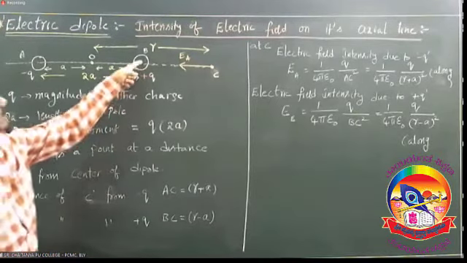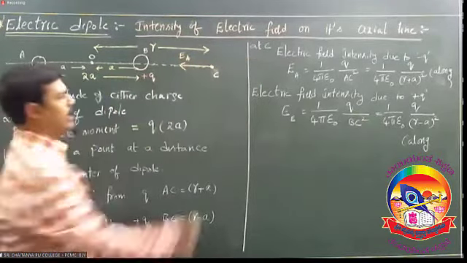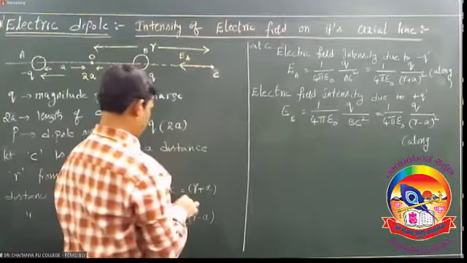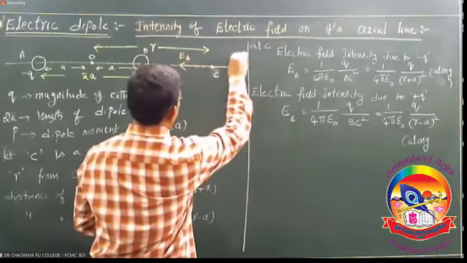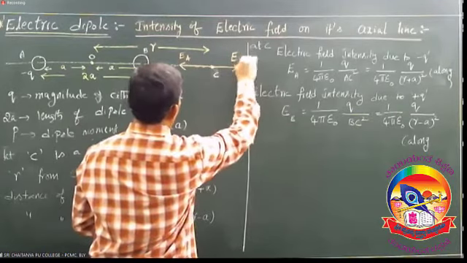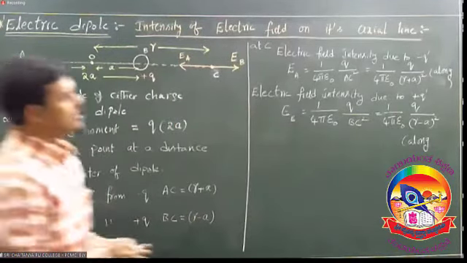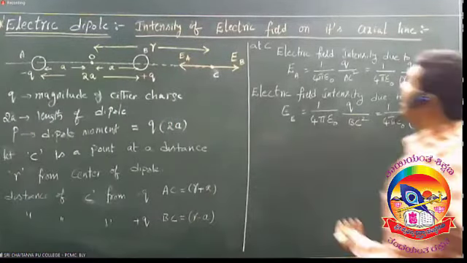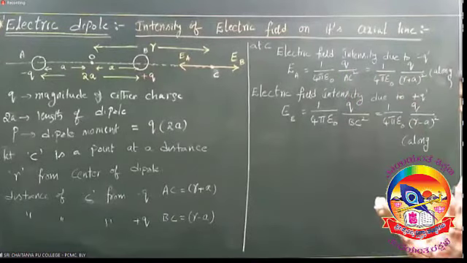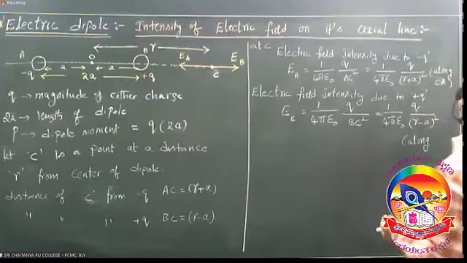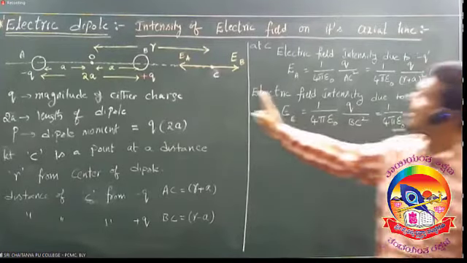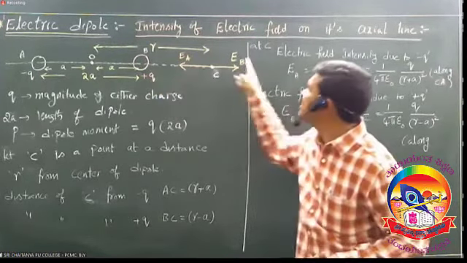Electric field due to positive charge is away. This is EB, right? See, now here along CA, not simply AC, CA. This is along BC.